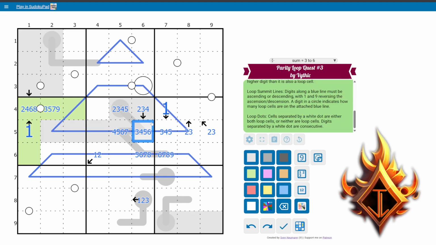So this cannot be 3, because that cannot be 2, without deleting those 2 cells. So this has to go up, and then this has to go up. It's going to change all of those. But it's also working this way. So we kind of have a thermometer this way, and then this thermometer that way.